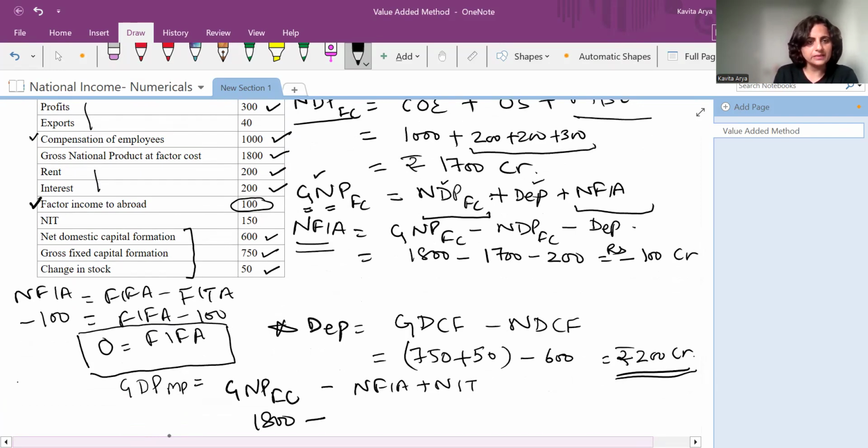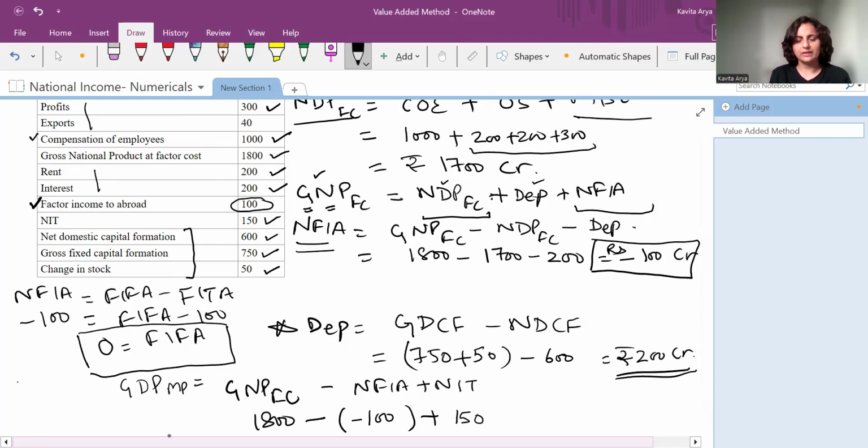NFIA is net factor income from abroad, we calculated to be minus 100. So I'm writing minus 100. Plus NIT is straight away given to be 150.